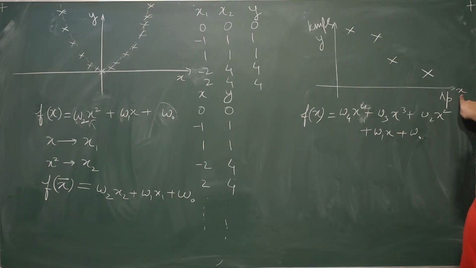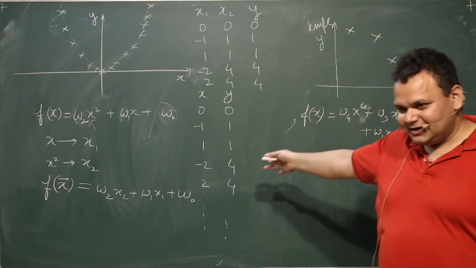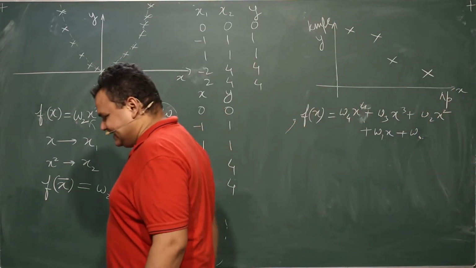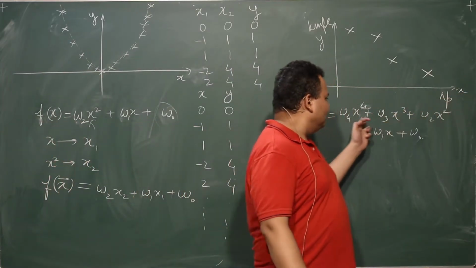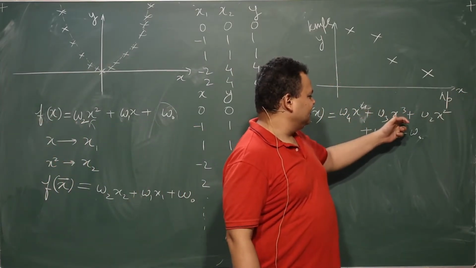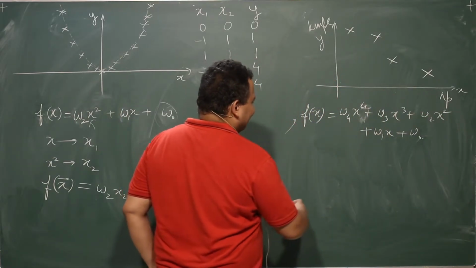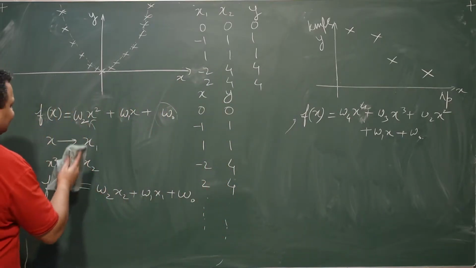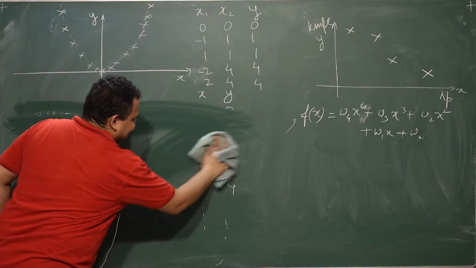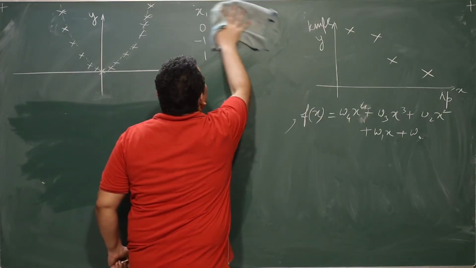And we are trying to fit a 4-degree polynomial to this particular data set. So I convert from one feature to how many features? 1, 2, 3, 4. So after we are done with the feature processing, my data set is going to look a little bit different. Let me erase all of this.